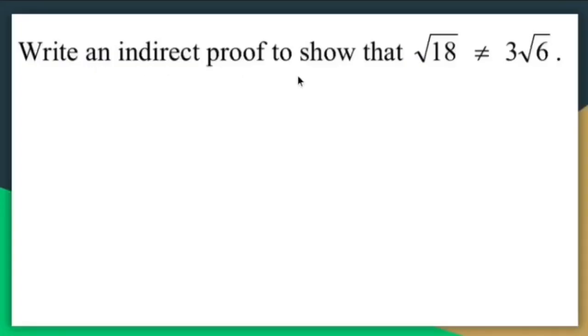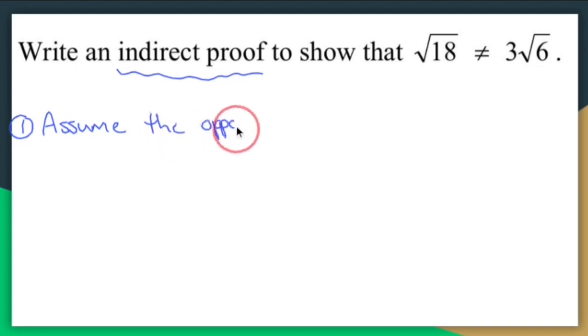Write an indirect proof to show that the square root of 18 is not 3 root 6. What the crap is an indirect proof, you ask? Well, let's first assume the opposite of the conclusion here.